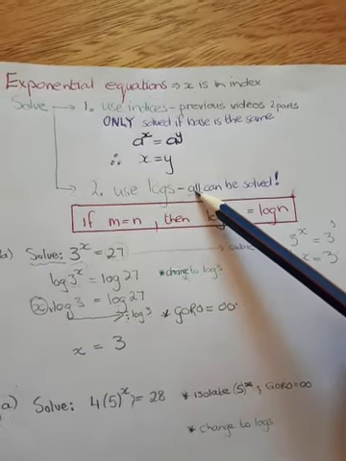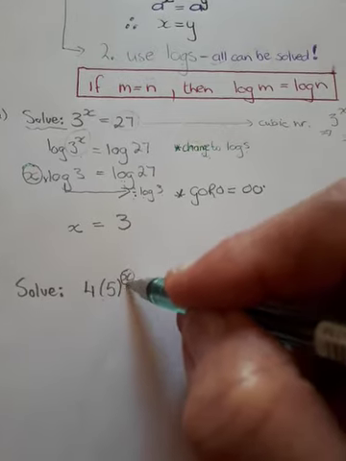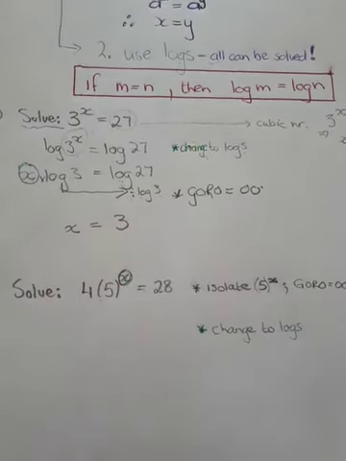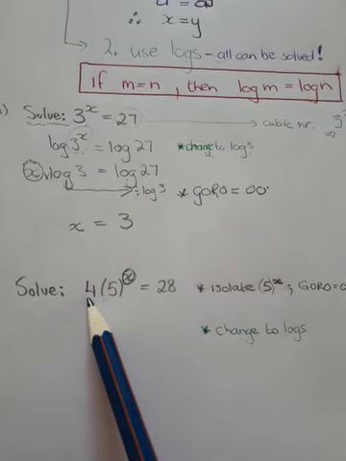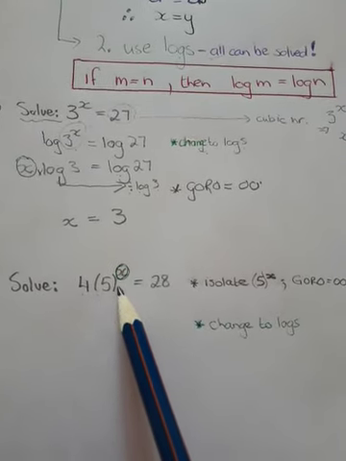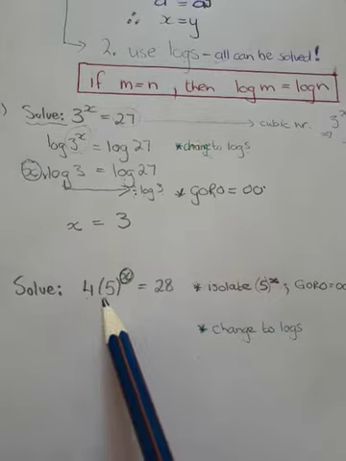Good, the next example is 4 times 5 to the power of x equals 28. Remember once again, they tell you to solve, which means you must find a number value for x. In this case, we can still move the 4 so we can get x on its own on one side.